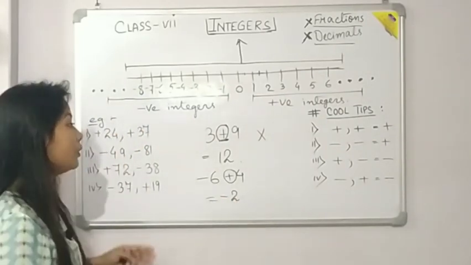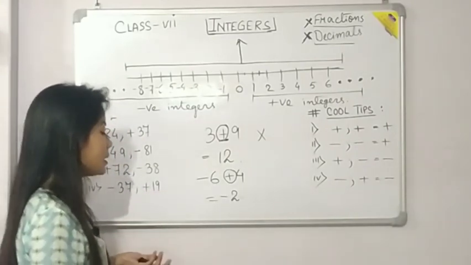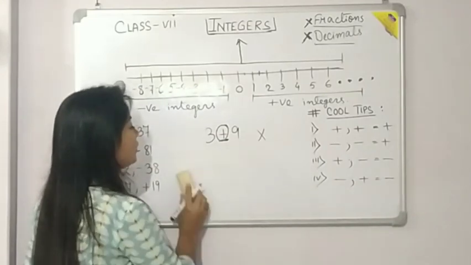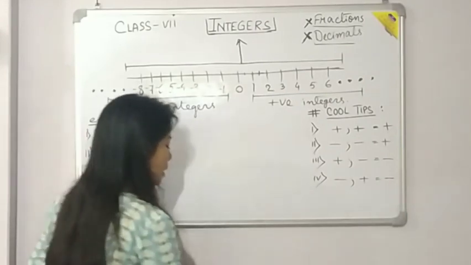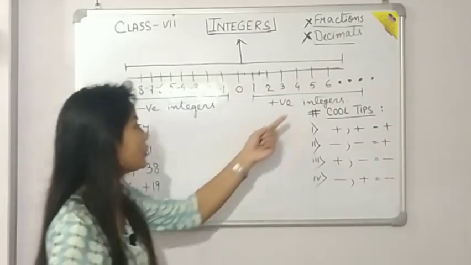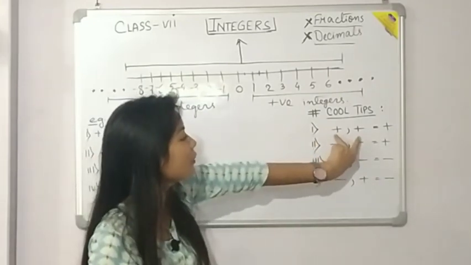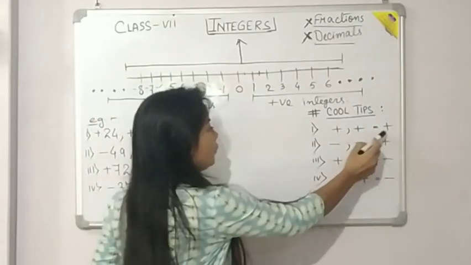Alright. So to know how to do additions and subtractions properly, we have to learn some rules. You can call that a rule or cool tips. I usually say cool tips. If we are provided with two positive numbers, then we will do addition.